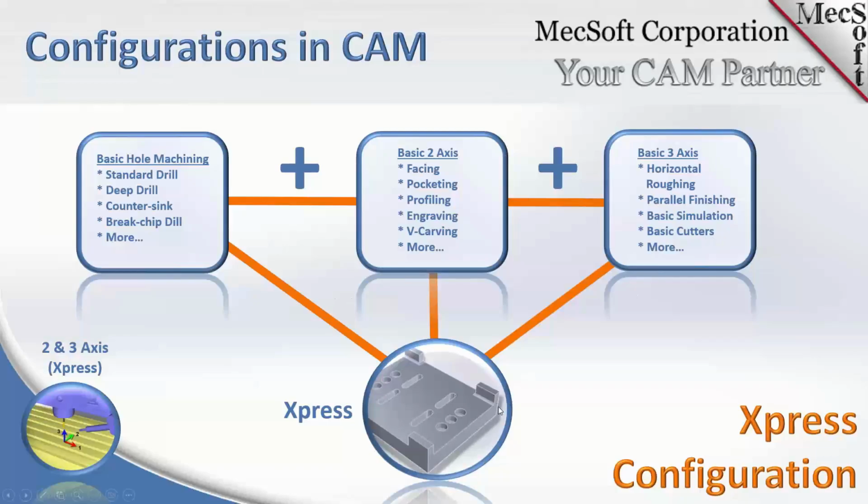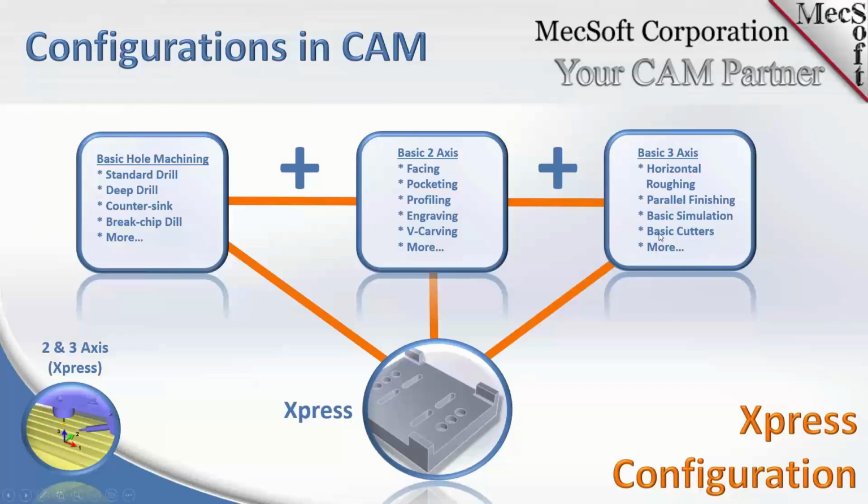So with Express, you have basic 3-axis operations. You have horizontal roughing and parallel finishing, just 2 basic 3-axis operations. Now, you need to understand that in the basic Express, the types of 3-axis parts you're going to be cutting will be very basic. One thing that comes to mind is mold cores, very basic parts that you can just run one roughing and one finishing on the model.